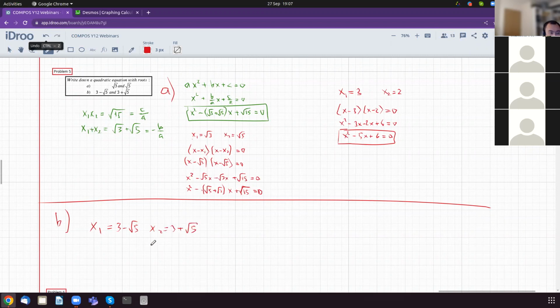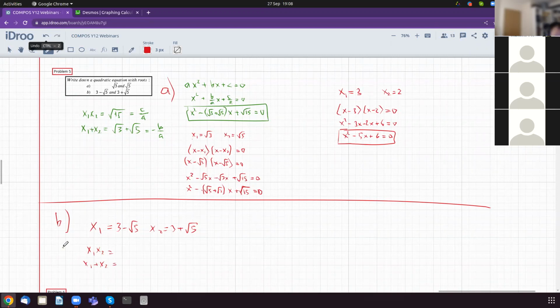So you can find the product. There are two ways that you already know, which I've shown you. You can do x1 x2 and x1 plus x2. That would give you the answer.